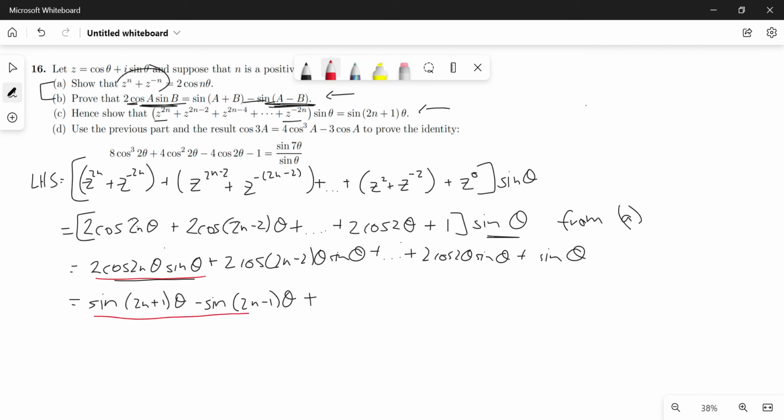Alright, so that is all of that. Now we're saying this one. So let's have a look at what that one would be. So again, now we've got sine of, we're going to add first. So adding 1, I'll get 2n. 2n minus 2 plus 1 is 2n minus 1. And then I'm subtracting: 2n minus 2 minus 1 is 2n minus 3.